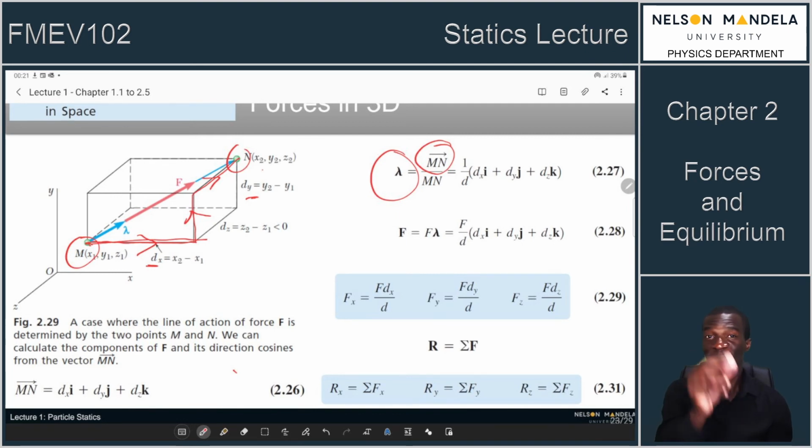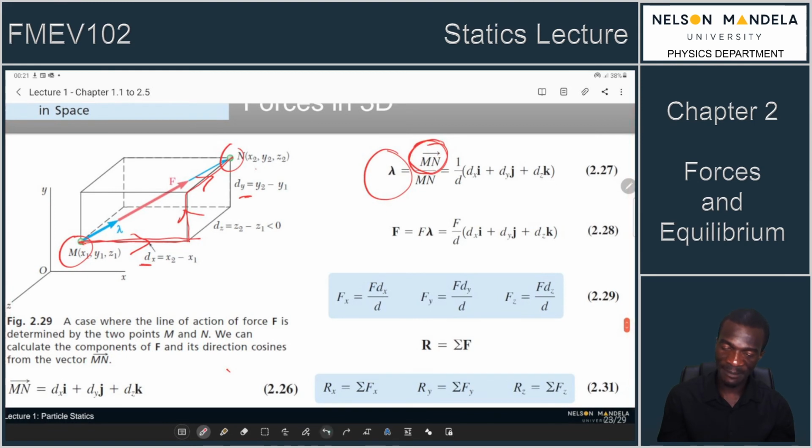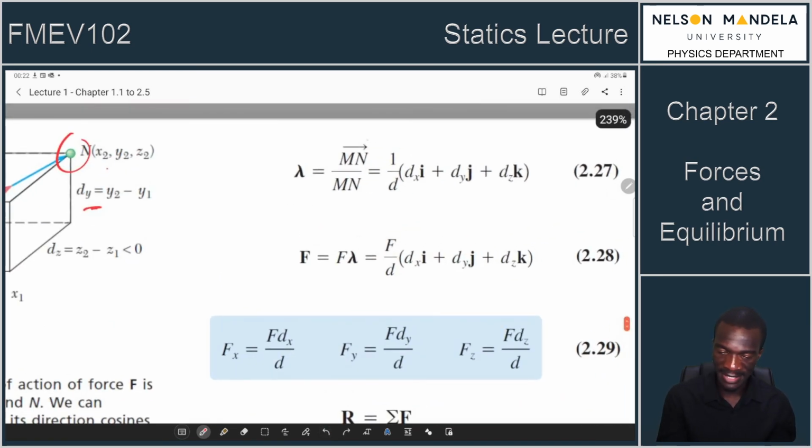Now, for me to find lambda, all I do is write this ratio. So it's my ratio of the vector in the direction of the force to its magnitude. So what do we mean by MN? This MN we've already seen is simply a vector from point M to N. So that's why we write dx in the i, dy in the j, dz in the k.